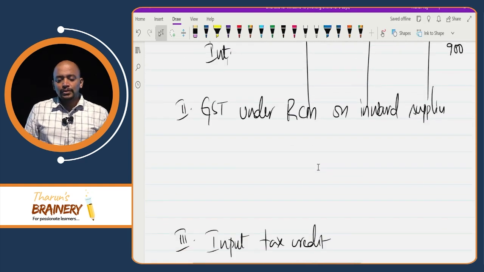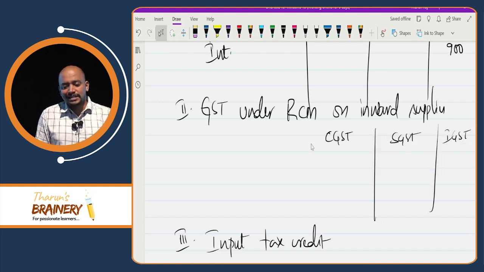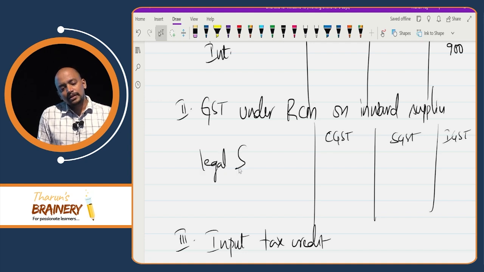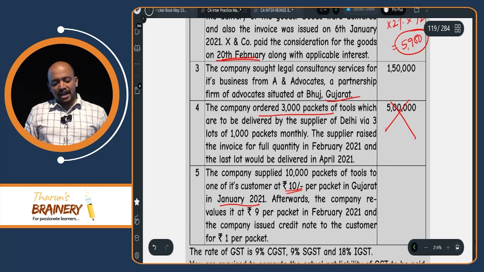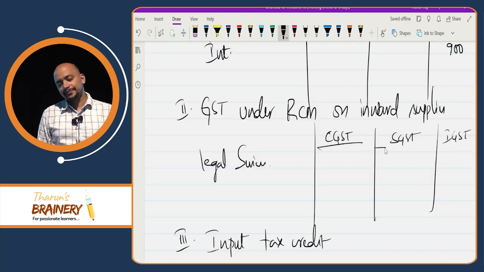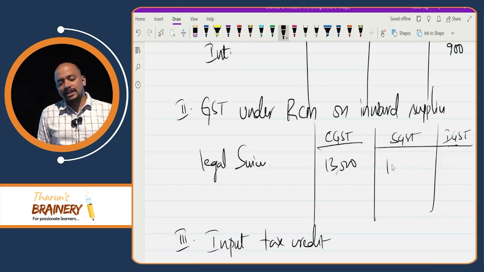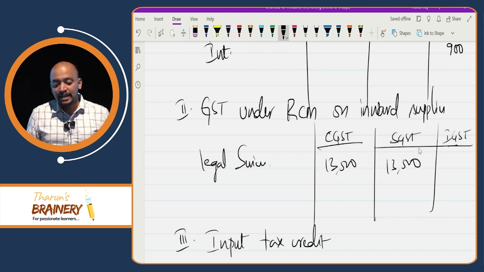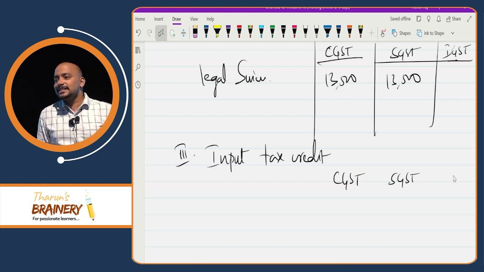So in statement 2, GST under RCM, legal services will be 1 lakh 50 into 9%, which is 13,500 CGST and 13,500 SGST, because it is Delhi. The same thing we need to repeat in input tax credit also, because we can take ITC with respect to this.